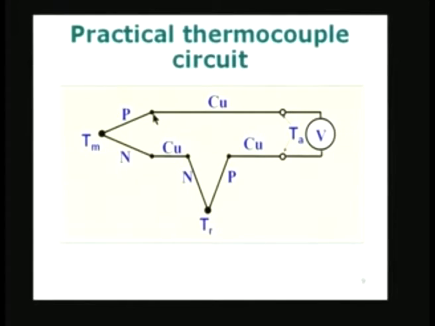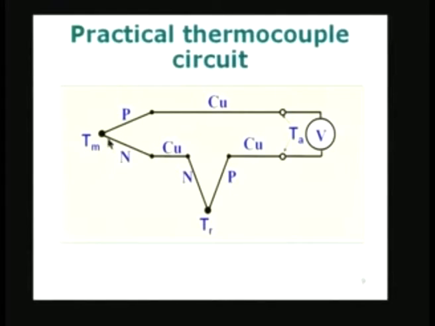Here I am deliberately using copper wire. And if you look at the temperature variation, the temperature Tm here, Ta here, most probably all this material from somewhere very close to the junction is all at the same temperature Ta, that is the ambient temperature.